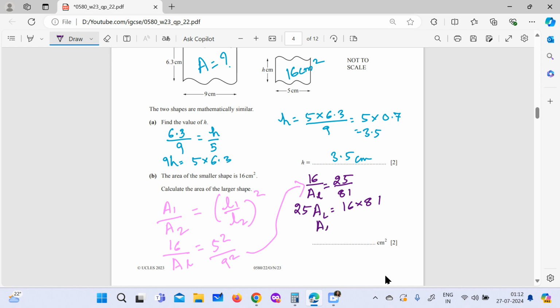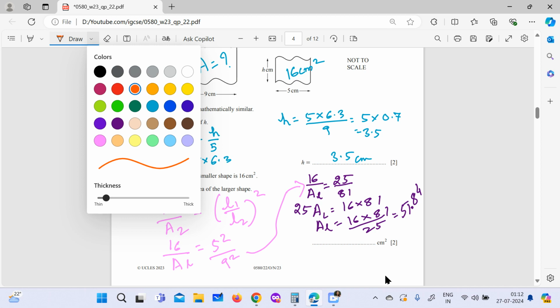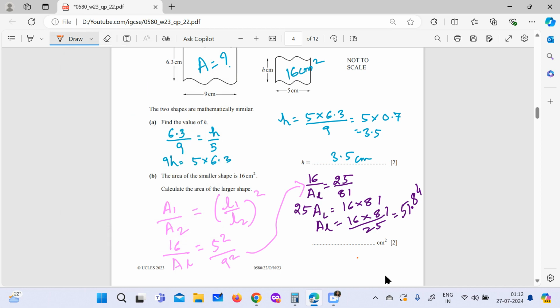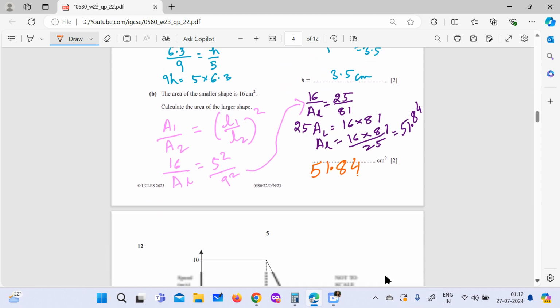So the area of the larger shape is 16 times 81 over 25. Substitute in the calculator and you get 51.84. Almost every year you get this kind of question either on area or on volume. You must remember this relation between the ratios, then this becomes easier.